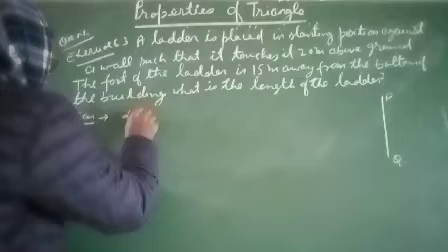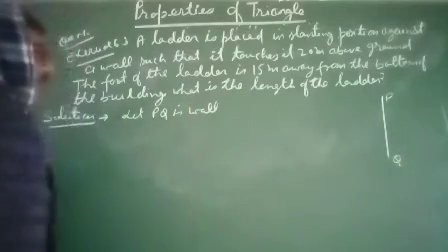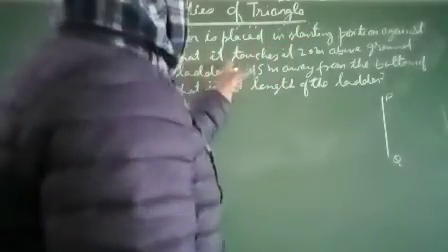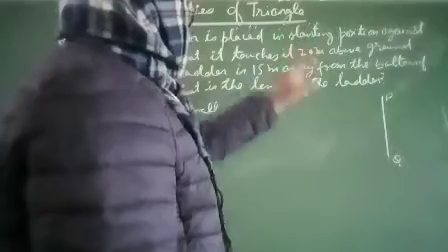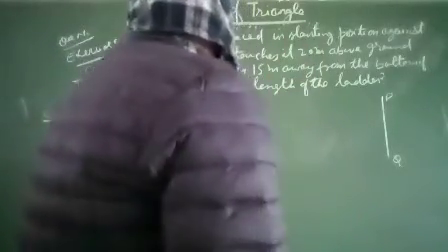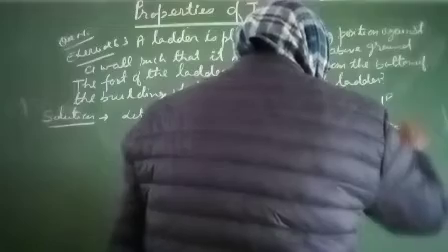Let PQ be the wall. Here PQ is the wall. The ladder is placed against the wall such that it touches the wall 20 meter above the ground.